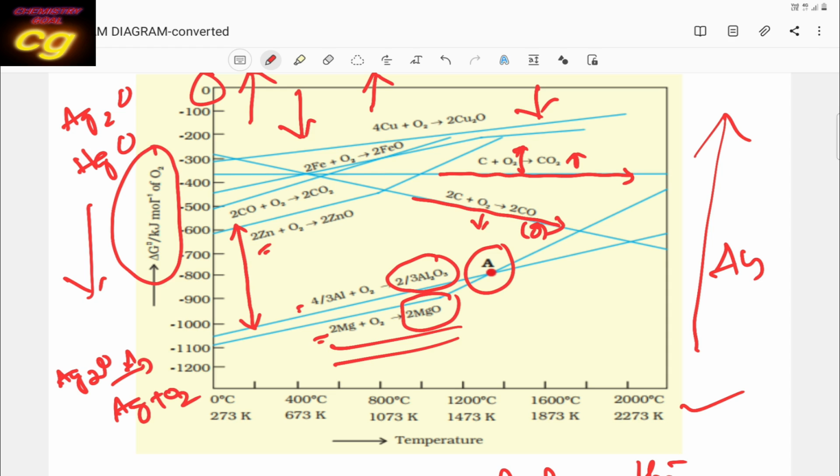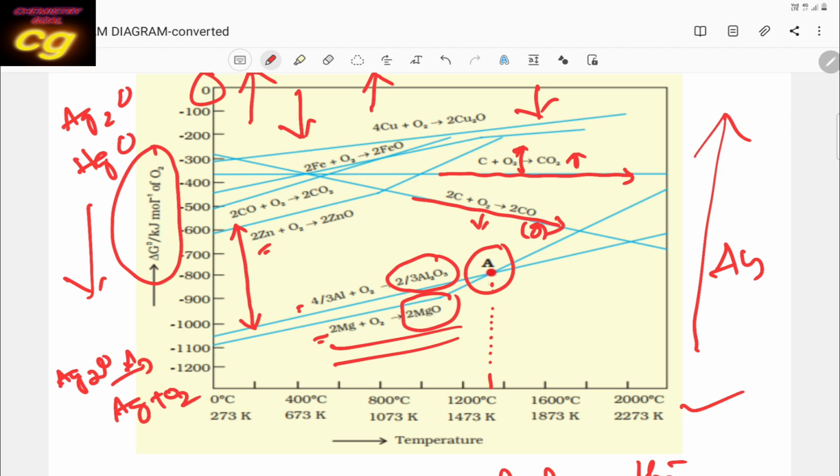But if you discuss this, for example, below this point A, which graph is above? Aluminum oxide is above and magnesium oxide is below. That means magnesium can reduce aluminum oxide below this temperature, which is about 1300 degrees Celsius.